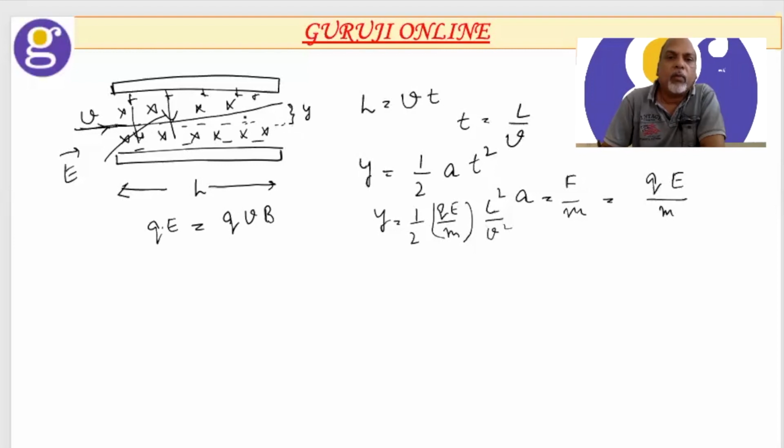So this E will experience a force in the downward direction, and this must be equal. That's why this will have the horizontal direction. So this deflection must be compensated.